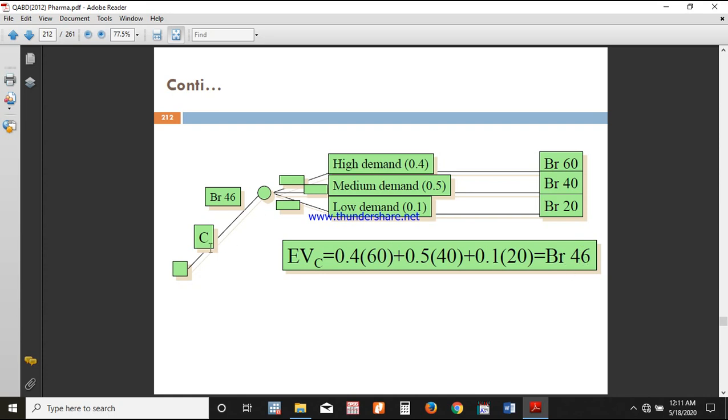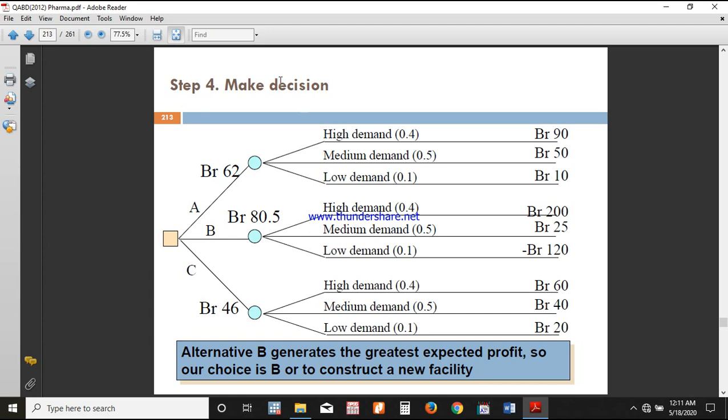You bring 46 here as the C value, and the last step is to make a decision. We concentrate on the EMV of each alternative A, B, C: 62, 80.5, and 46.